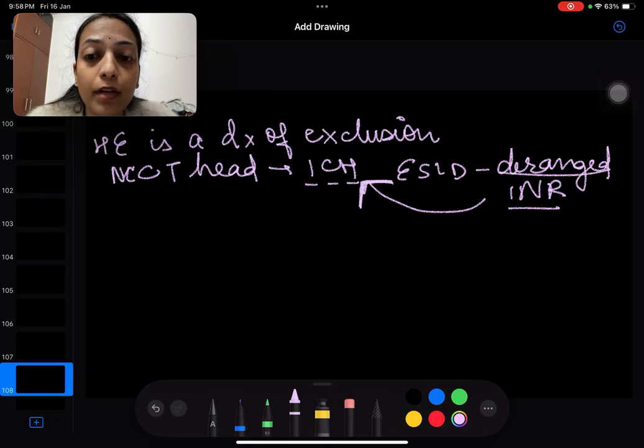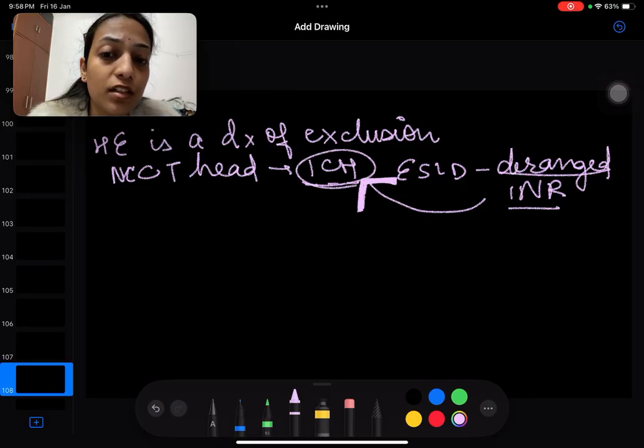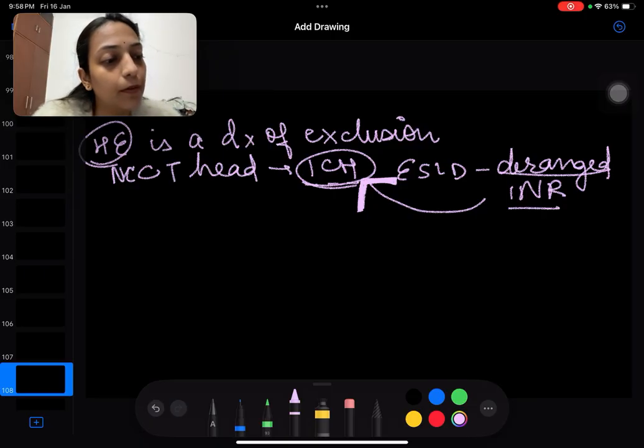So patient can be in HE also, but the more probable or the more common reason for stupor, for lethargy is ICH. So first we have to rule out ICH, and if the CT head is normal, then you diagnose the patient as HE, right?